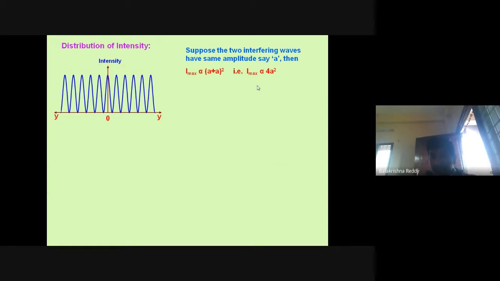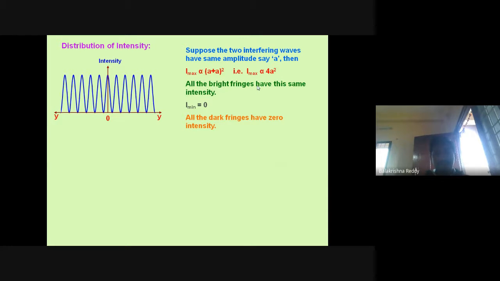If the two waves' amplitudes are the same, then the maximum intensity produced by the interference of the two light waves is directly proportional to 4 times the amplitude square. This is why all the bright fringes have the same intensity on the screen. The minimum is 0 for a dark fringe, obviously. All the dark fringes have 0 intensity.